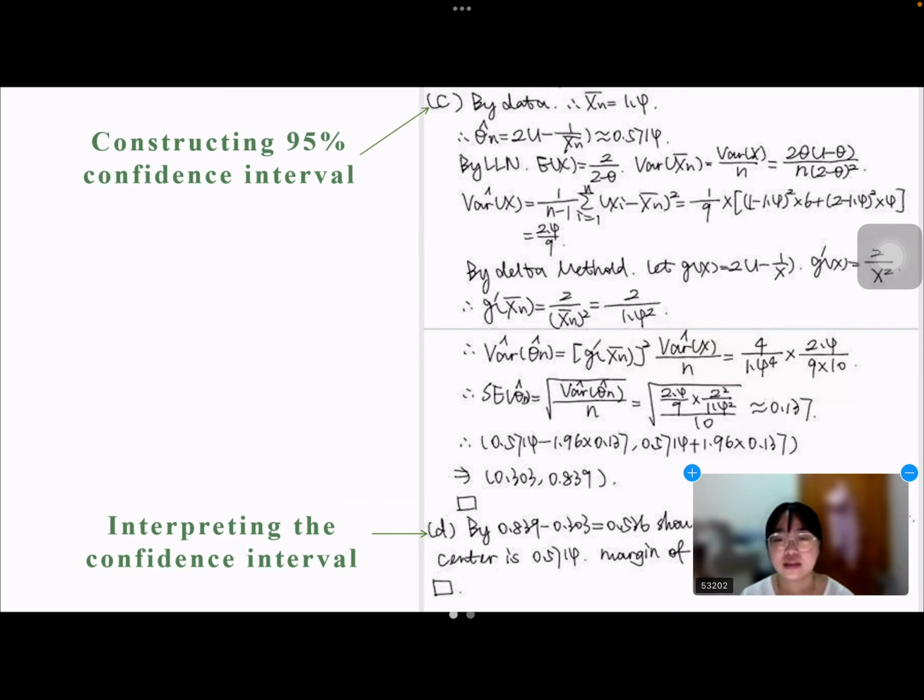When the margin is larger, we get lower precision. So we can make comments from these three aspects.